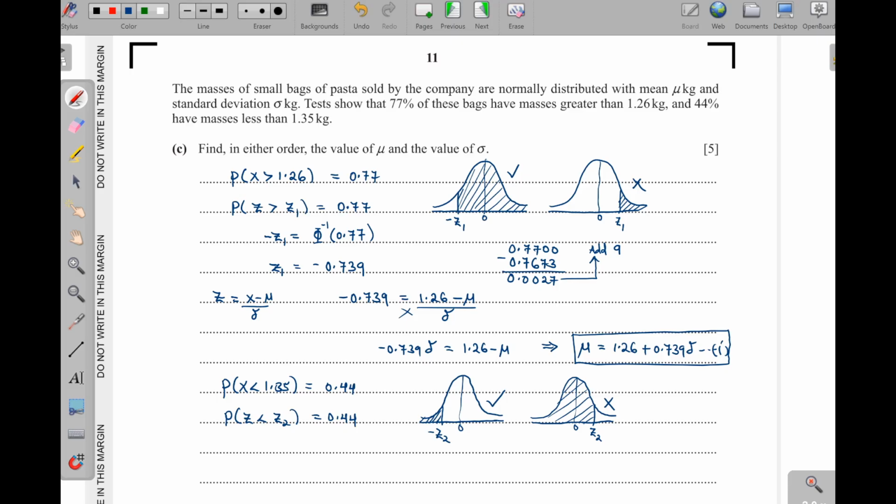Also z2 here is negative. So we shall put negative z2 here is going to be equal to the phi inverse of the 0.44. But in our normal distribution table, we don't have values which are less than 0.5, because for the less than, the smallest you are going to have is 0.5 because it is at z equal to 0. So you have the whole of this.